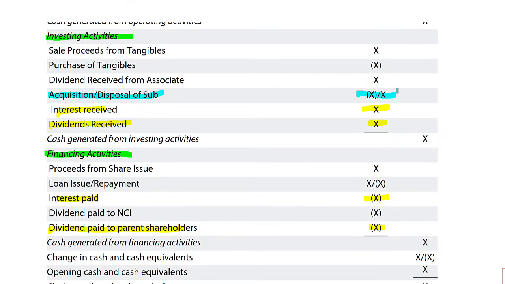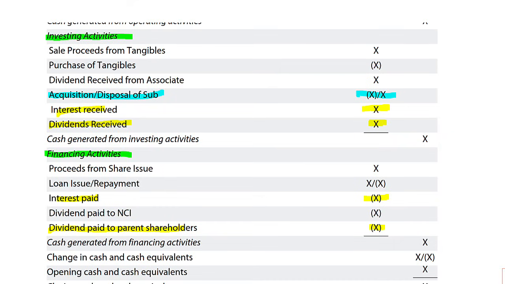In addition, we also might see dividends floating around if we're looking at a group cash flow statement. So it could be that you pay a dividend out. Now, if the parent pays a dividend out, we've already covered it.